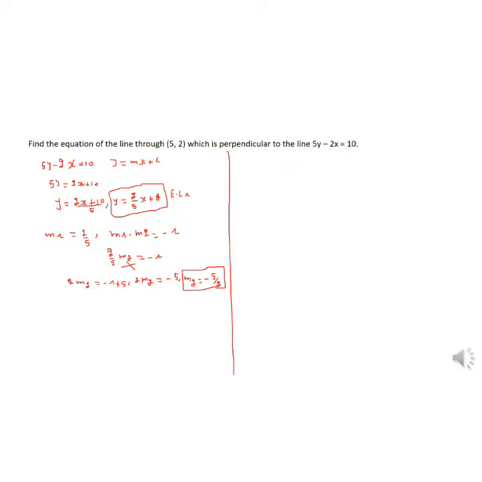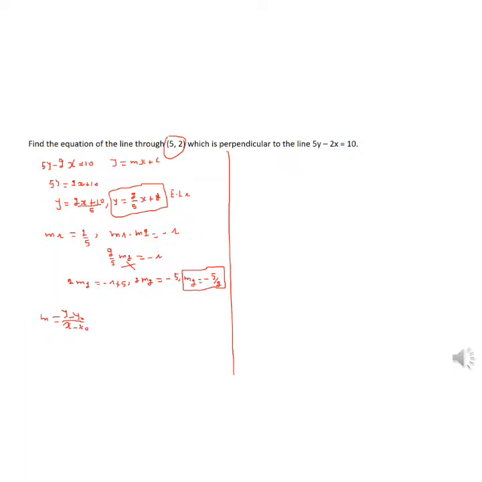So now here you have a point. We have the point (5, 2). Remember that the gradient m is equal to (y minus y0) over (x minus x0).